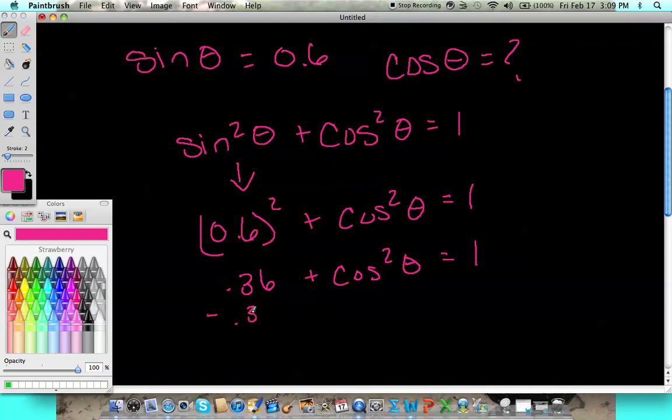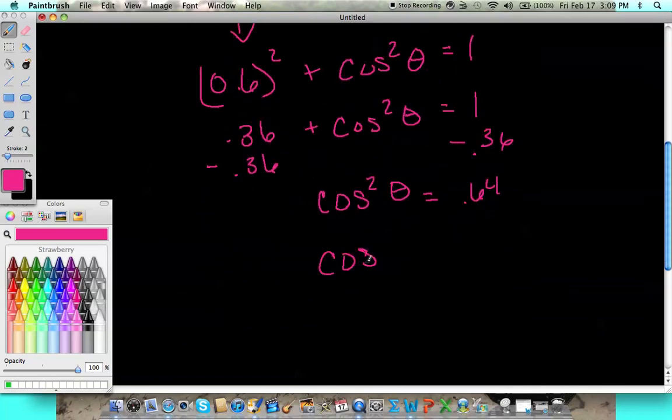And I'm going to subtract 0.36. I get that the cosine squared theta equals 0.64, so I can say that the cosine of theta equals 0.8.